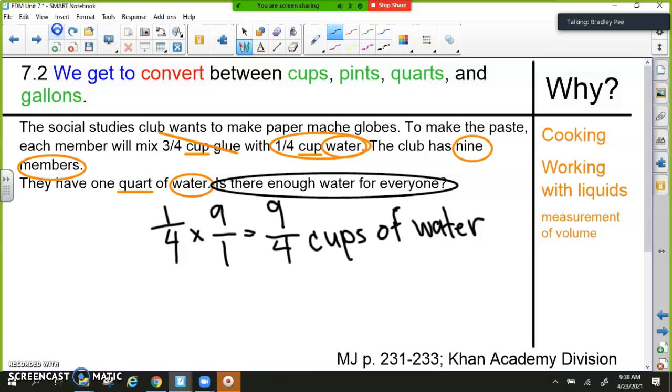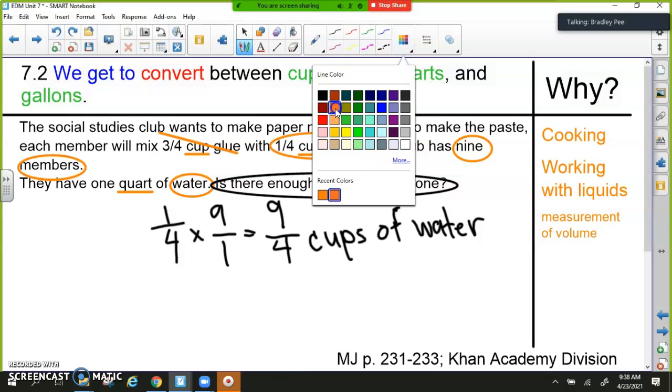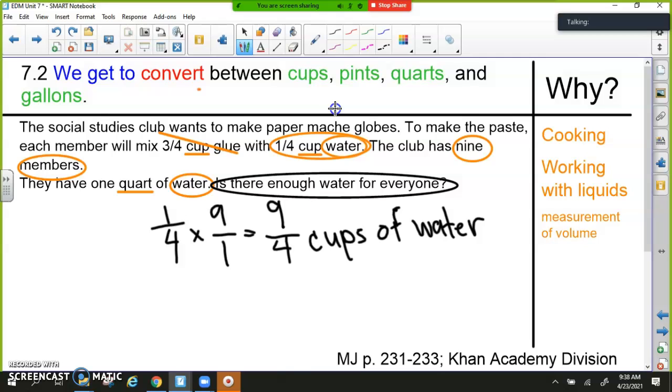What's your thought on this? Why don't you think they have enough? And how many cups does 1 quart equal? Equals 4 cups, right?